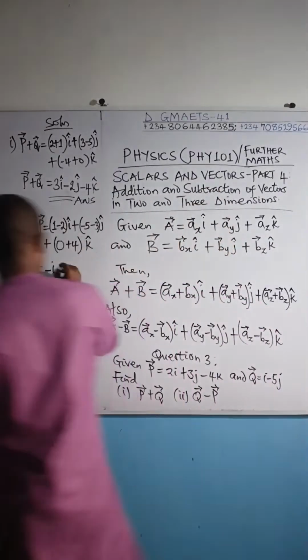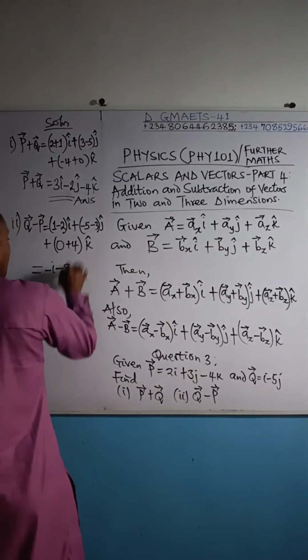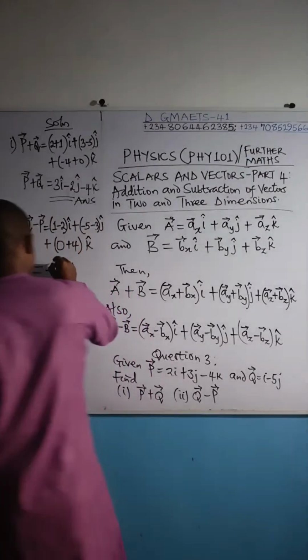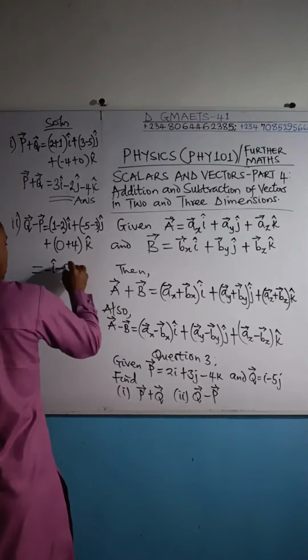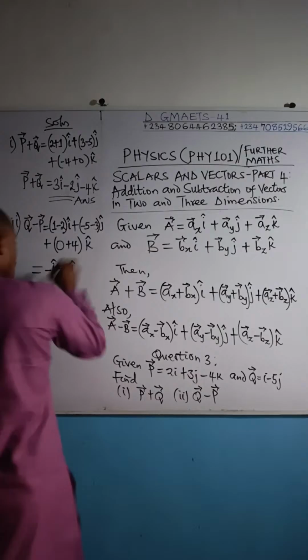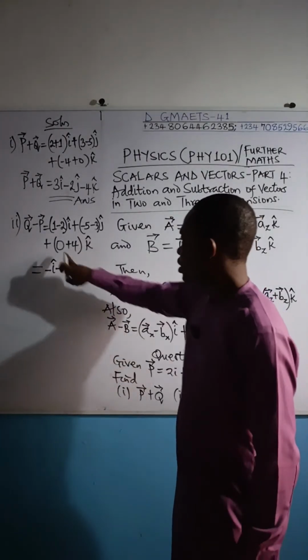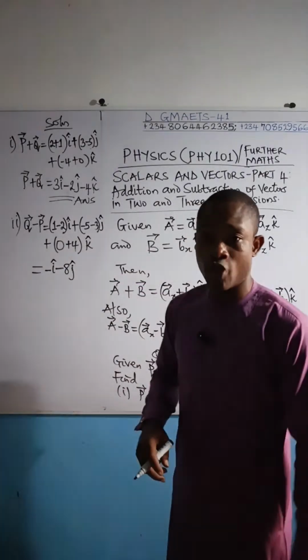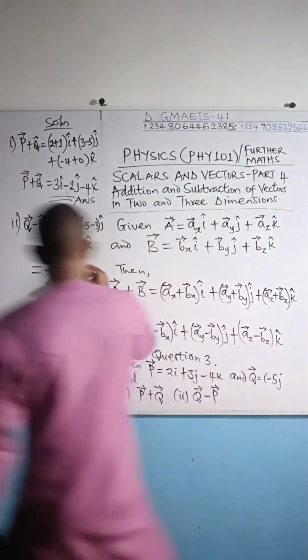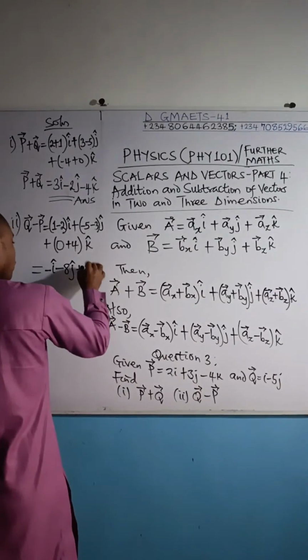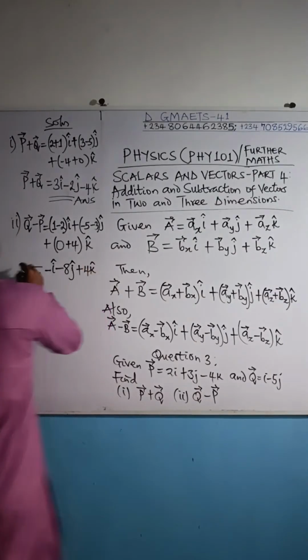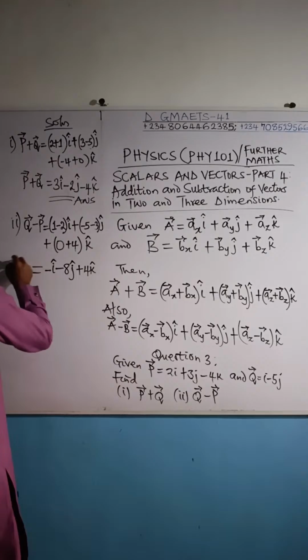Plus times minus is minus. So you fix your 8 there, and then the unit vector J will be attached to it. And then, finally, 0 plus 4 is going to give us 4, unit vector K. So it's going to be plus 4 K. This, of course, is the value of Q minus P.